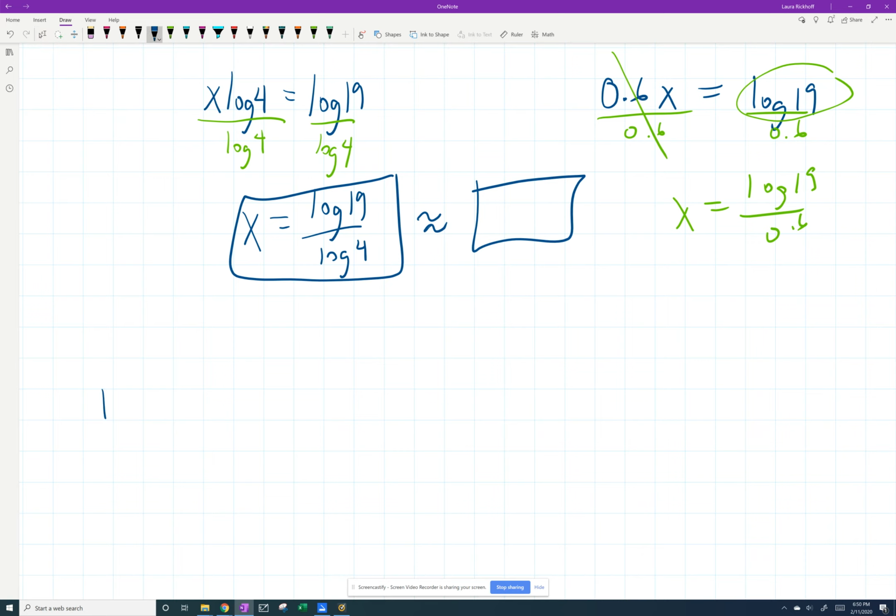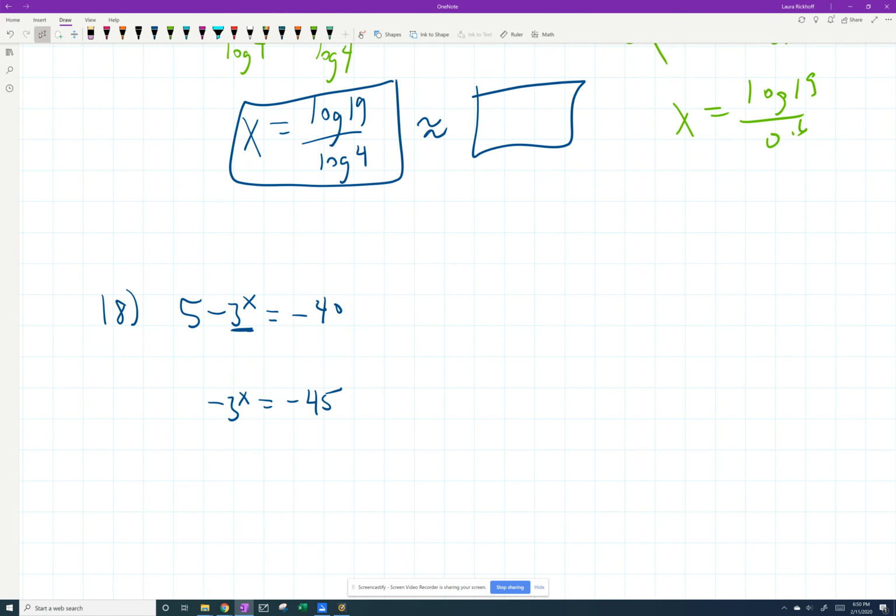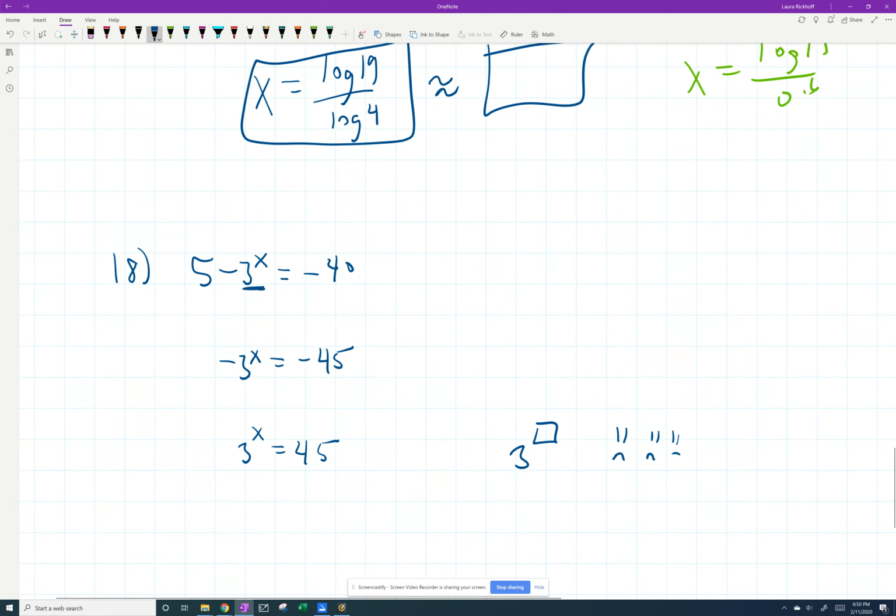If you were doing something like 18, you would try to get this 3 to the x alone. So you would subtract the 5 from both sides, and then you would divide both sides by a negative. And then you would try to write 45 as 3 to some power. But that's sadness. Can't do it. So you do the same trick we did last time.